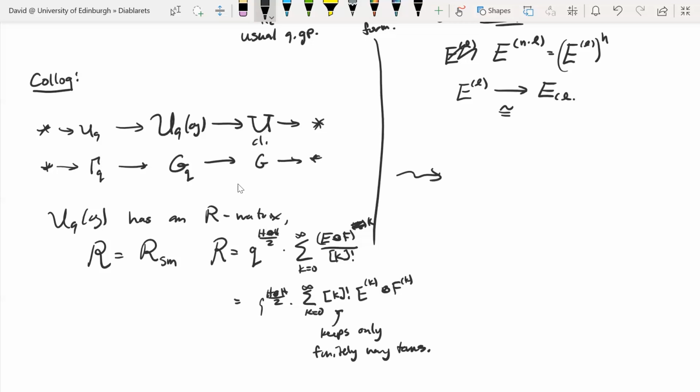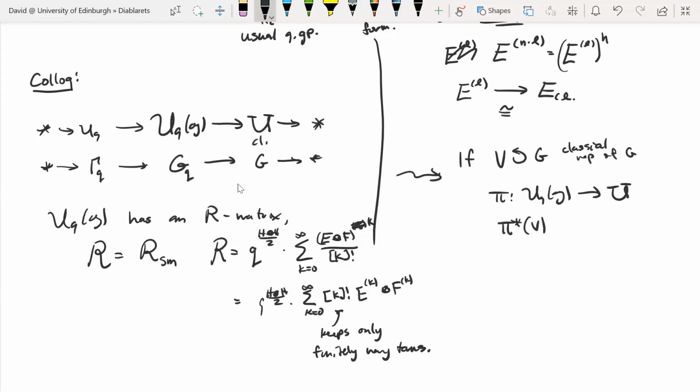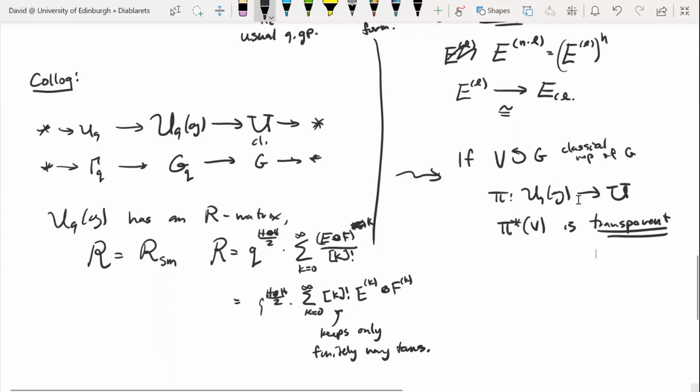And moreover, here's the beautiful thing: if V is a rep of G, a classical representation, I have the map pi, which goes from U_q G to U, and I can pull back V. This is transparent. Because remember that this homomorphism pi was obtained by just insisting that all the E's and F's act as 0 and all the K's act as 1.